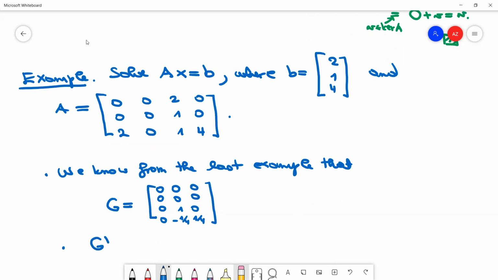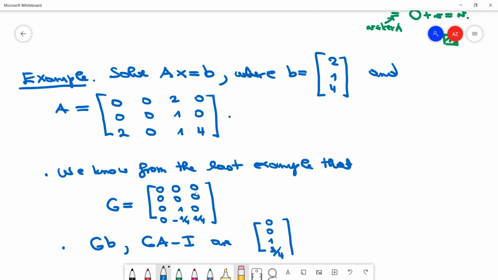We won't do this by hand. So GB, you can do this in Octave, and GA minus identity. In fact, it's easy to calculate GB by hand. So it's just 2 times the first column of G plus 1 times the second column of G plus 4 times the third column of G. So we get 0, 0, and then we have 1 and 3/4.